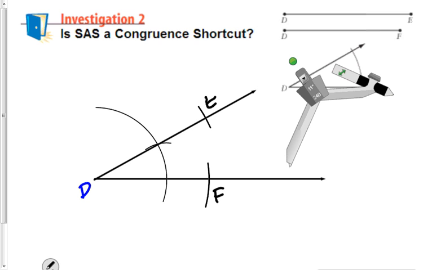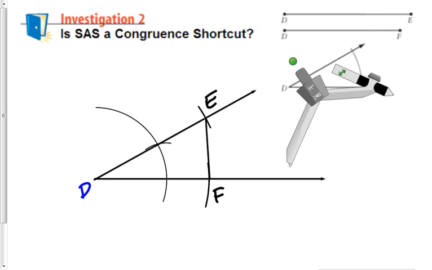So now this is E, and I can finish my triangle by connecting F and E. Now again, the question we have to ask is, given two sides, DE and DF, and the included angle, in this case D, could I construct a triangle different than this triangle?